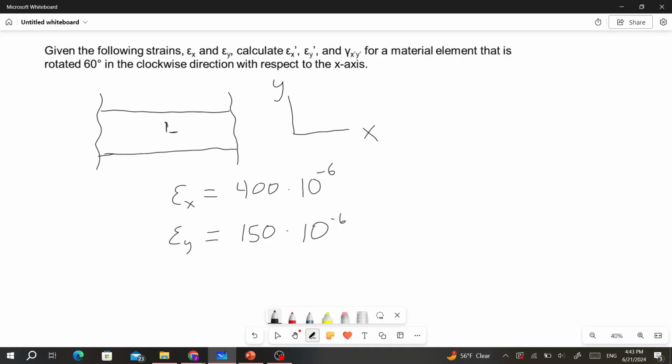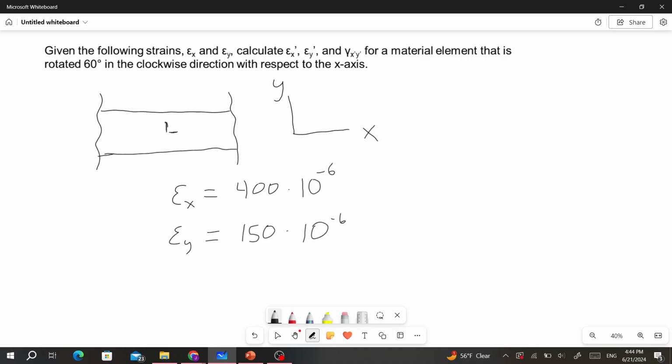We've defined x as positive to the right and y as positive upwards. Given this information, we want to transform the strain and calculate epsilon x prime, epsilon y prime, and gamma x prime y prime for a material element rotated 60 degrees clockwise with respect to the x-axis.